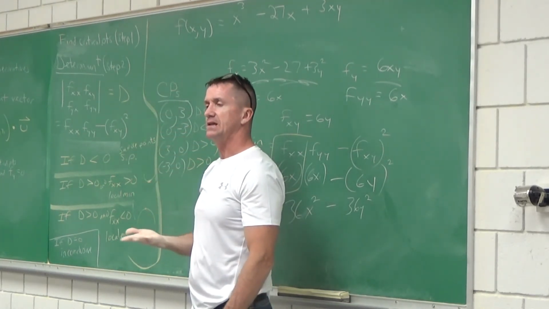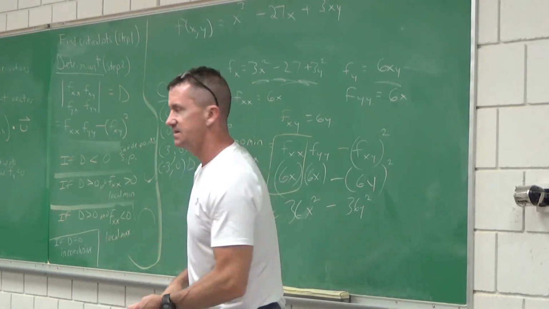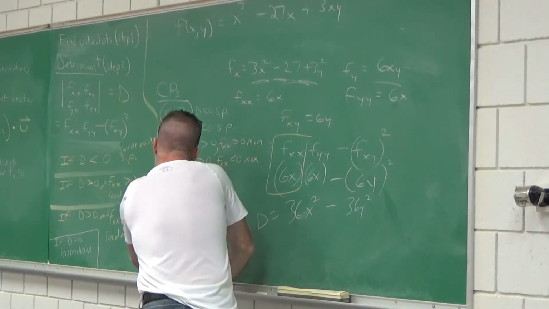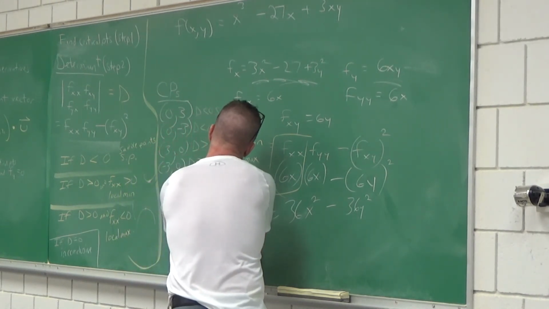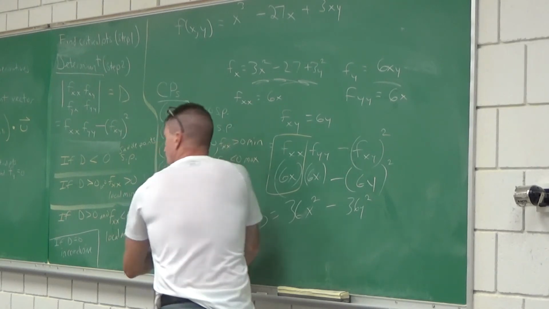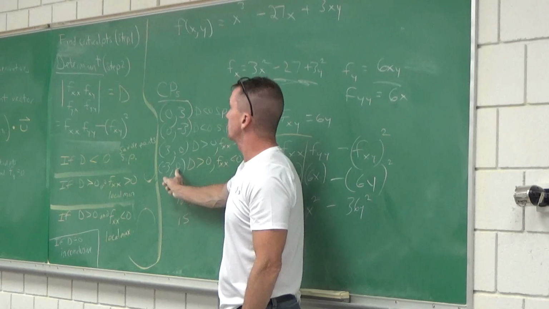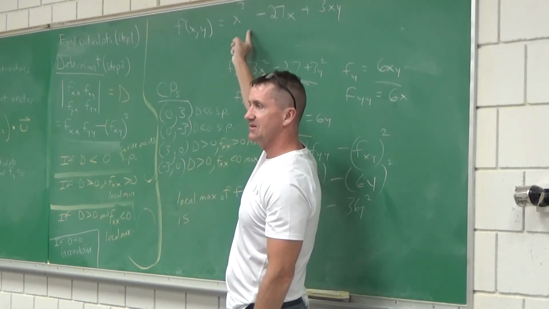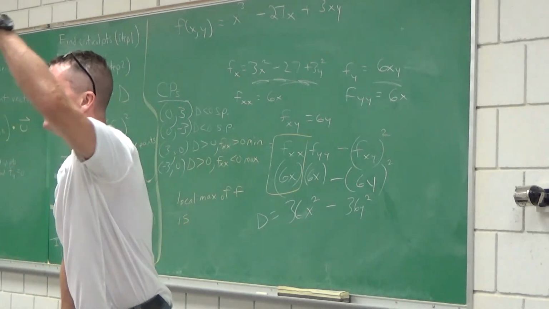But you will see, like in the textbook, if they talk about what the local max of f is, you know what they would say? They gotta plug these two numbers back into the what? The original function. Do you all agree? If you use the verb is, you're talking about the z value.